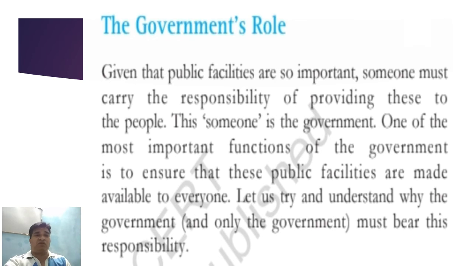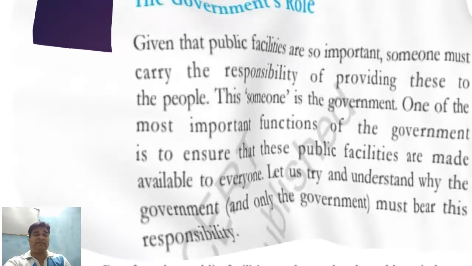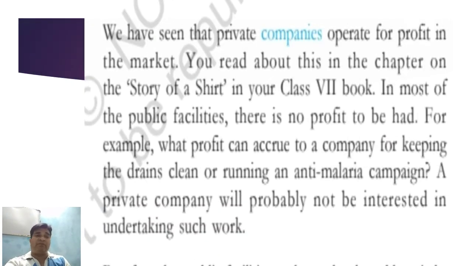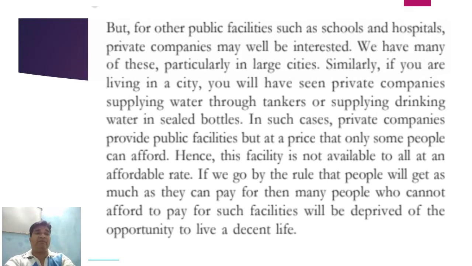Now the government's role. The government is in charge of the public facilities. Why are private companies not doing it? Because there is no profit, and the government gives these facilities to the people at very low cost or sometimes free also. This is the reason why companies don't provide public facilities.